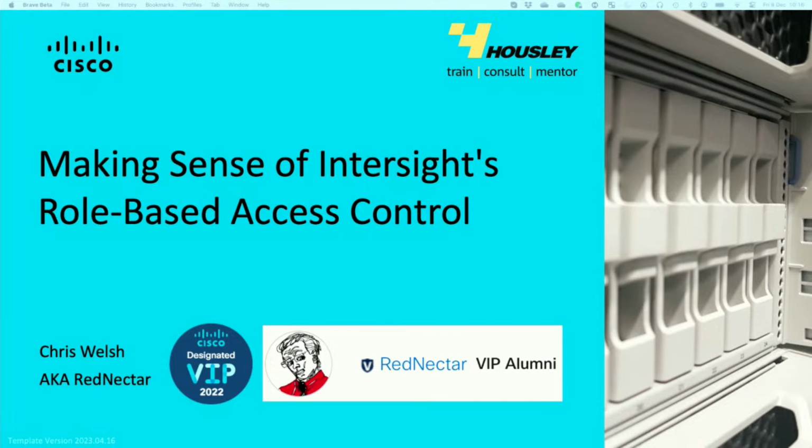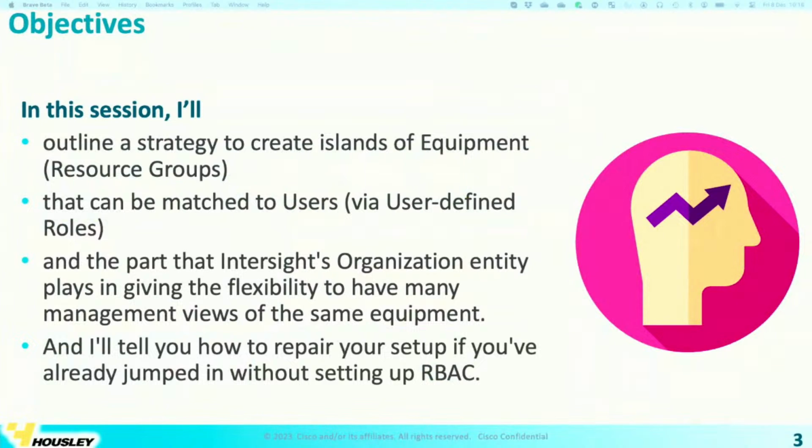My objectives are to give you a strategy to create islands of equipment, which are called resource groups. They're pretty simple, really. But you don't have to use them, and that's a trap that people fall into. Those resource groups can be matched to users, but it's not a direct link.